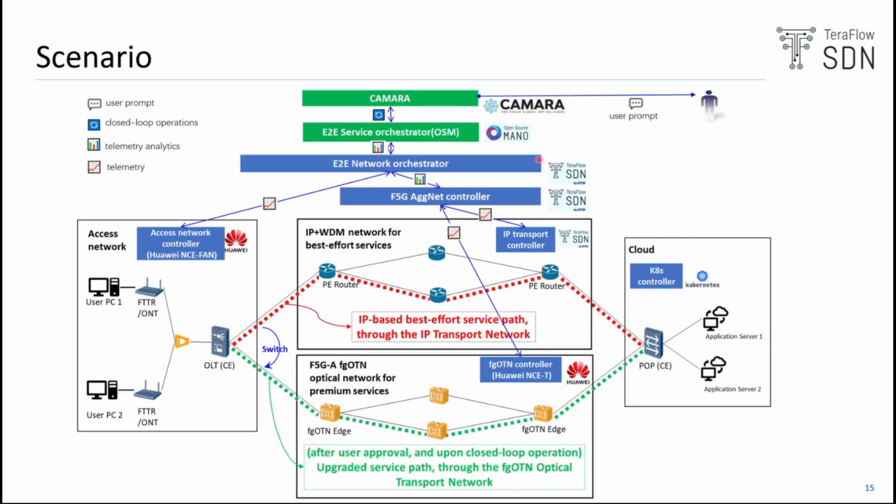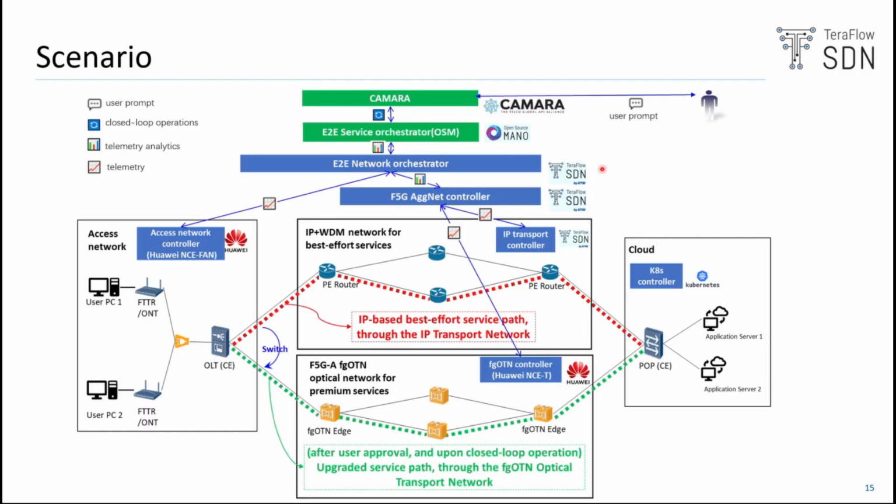And the part that is more focused on TeraFlowSDN is that we had here a hierarchy of TeraFlow controllers, one for the end-to-end network orchestrator, another for the fixed 5G aggregation network controller, and then another for the IP transport controller.